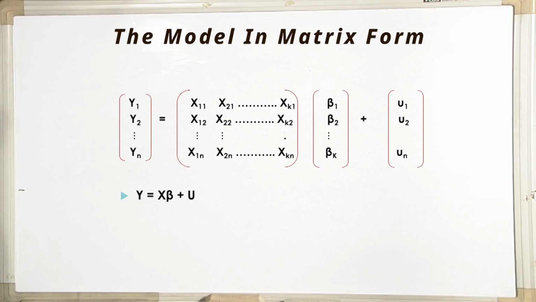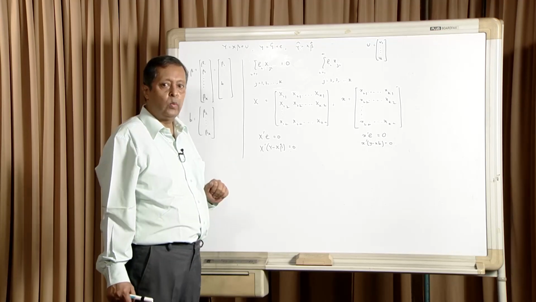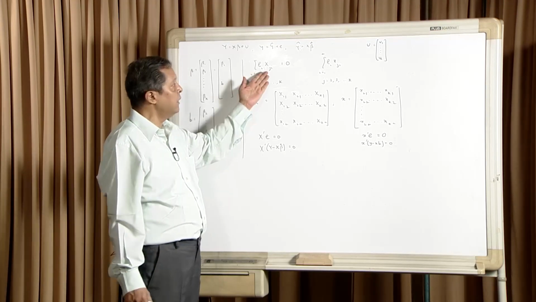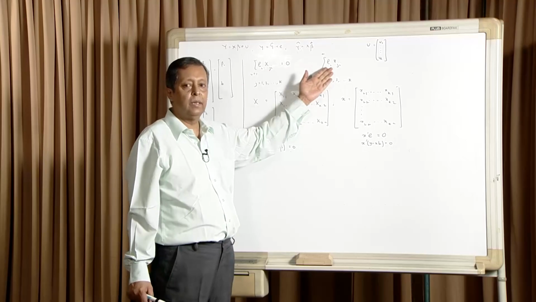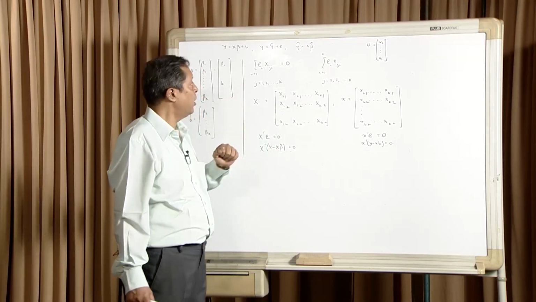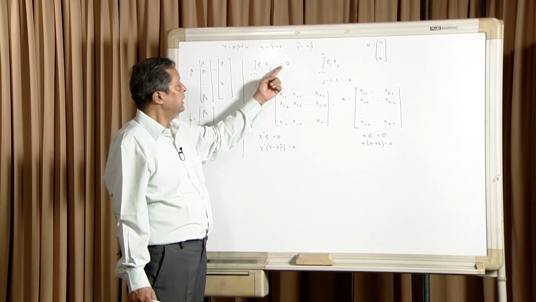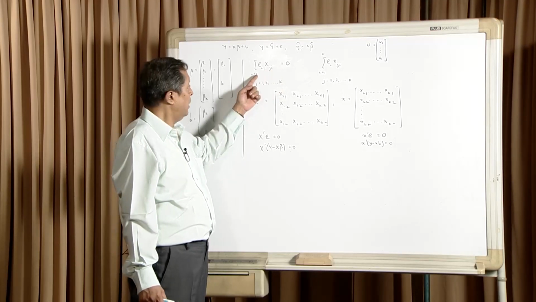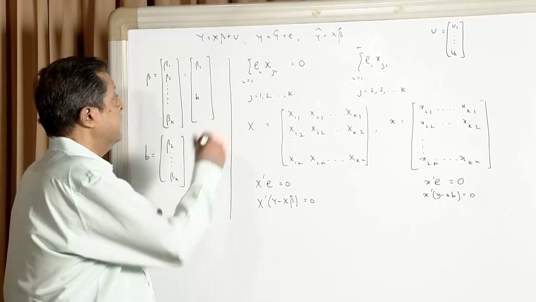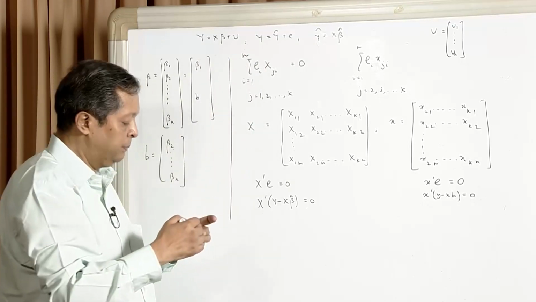So, we have already seen that the k variable model can be written in matrix form. As we saw, the normal equations can be in terms of the original variables or the variables in deviation form. Accordingly, we have summation e_i x_ji, i running from 1 to n, that summation must be equal to 0.